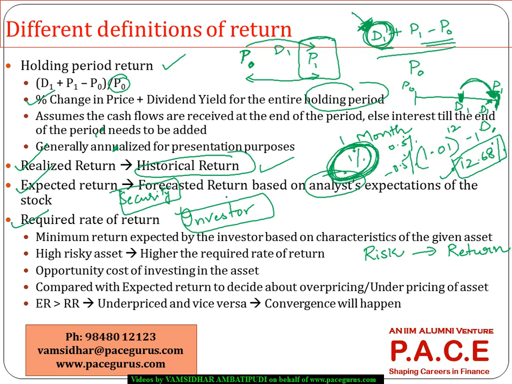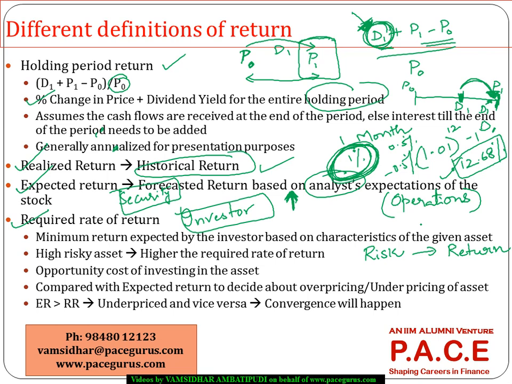So the dimension is different. Expected return is not based on the risk behavior. It is based on how the company is going to perform in the next year from the operations dimension. What is the kind of return that I can expect from this particular security?